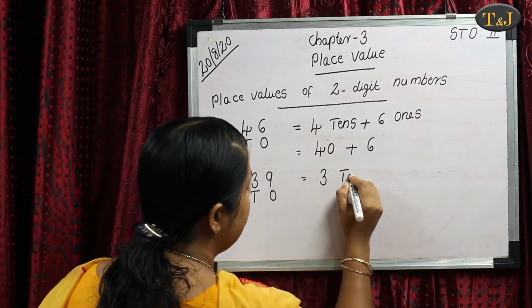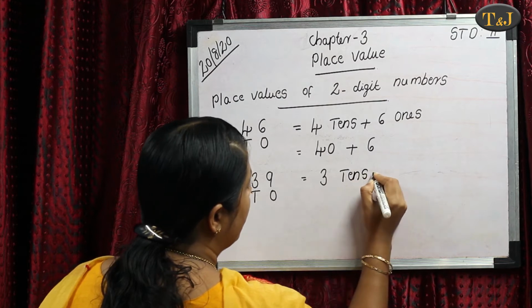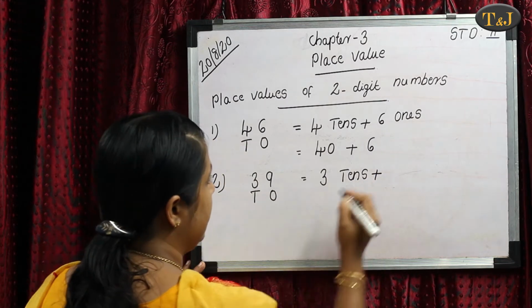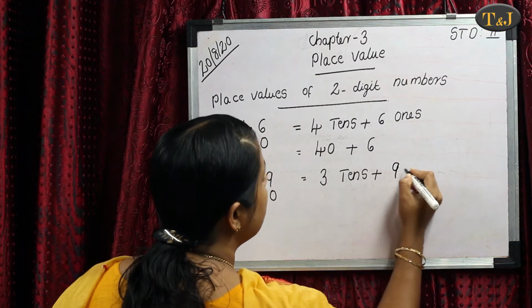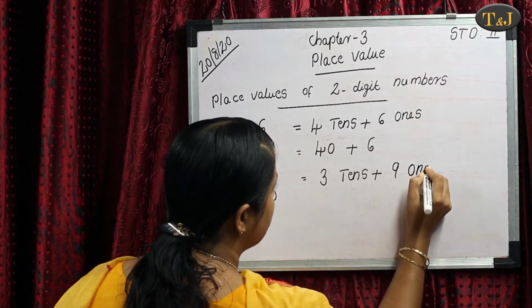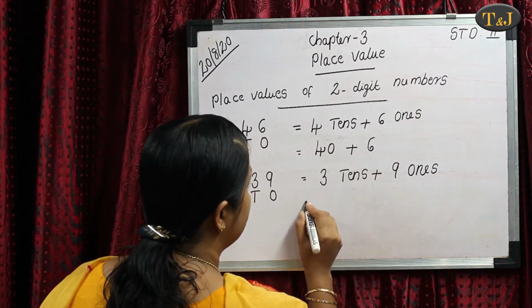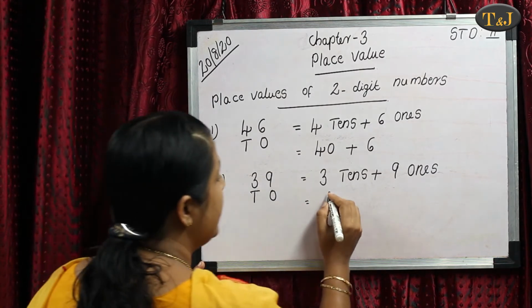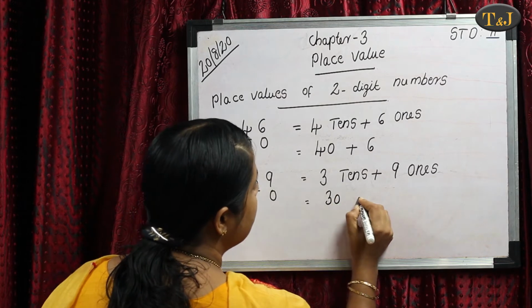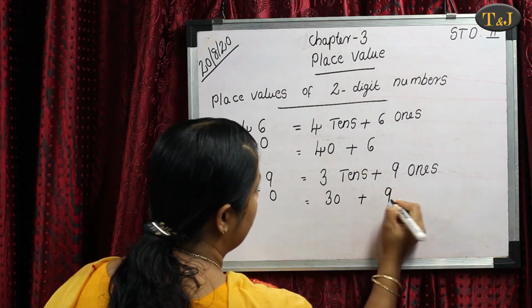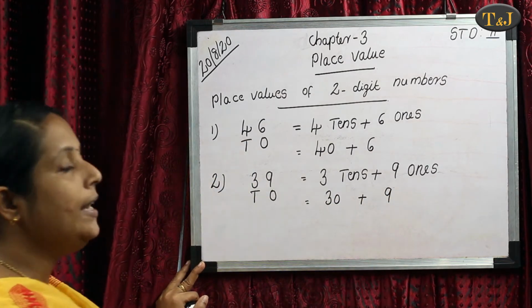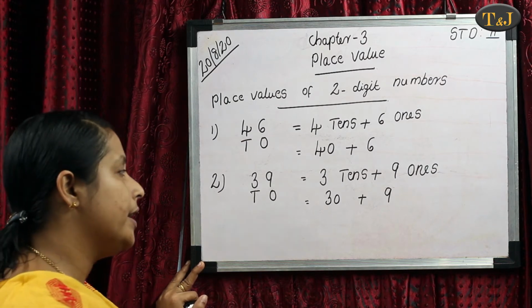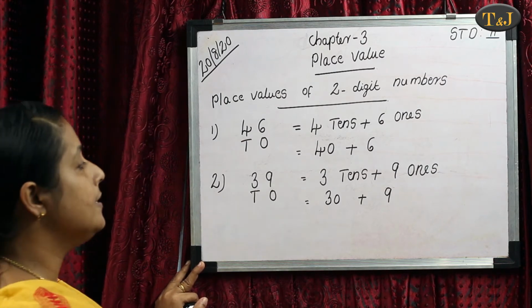So we write 3 tens plus the next number, 9. 9 is in ones place. So 3 tens, 9 ones. 3 tens equal 30. So we write 30 plus 9. Okay, 39 equals 3 tens plus 9 ones, equals 30 plus 9.